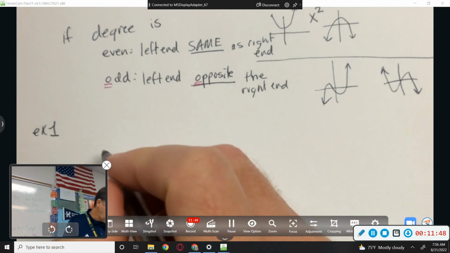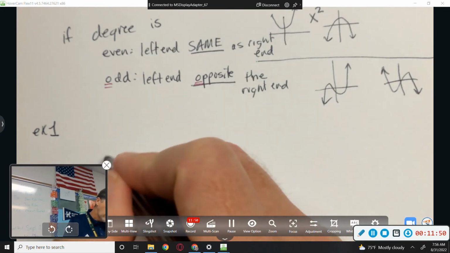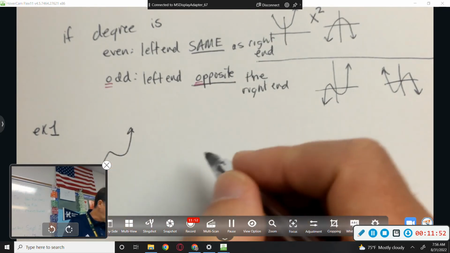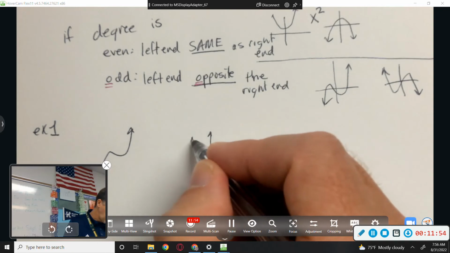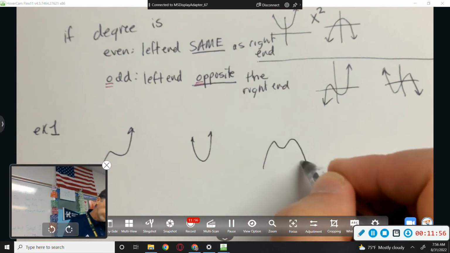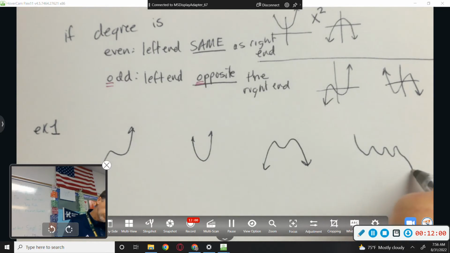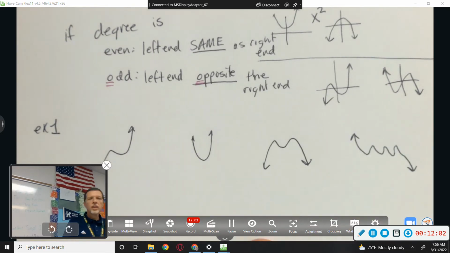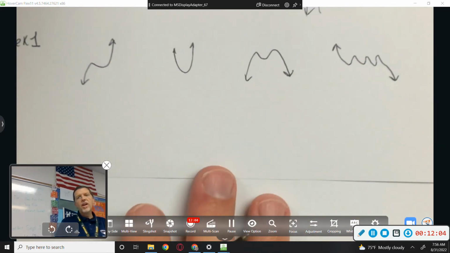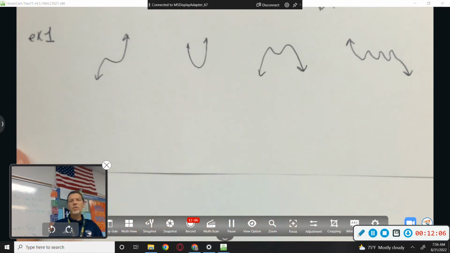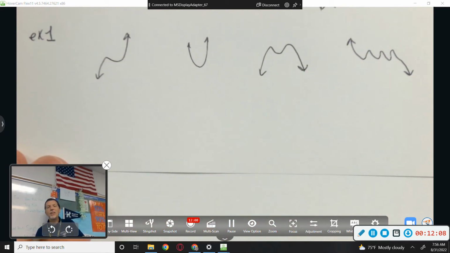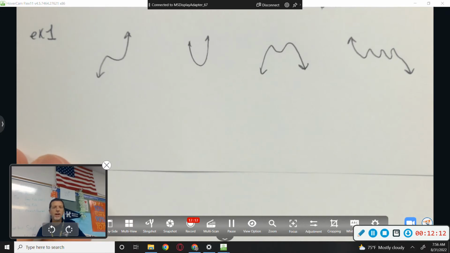Let's look at some pictures. Let me make a little table here. So 4 very simple graphs, meaning, well, they're simple, I guess, but they don't have to be exact, right? I don't even have an X and Y axis on there.